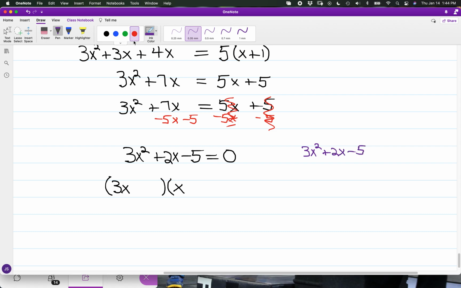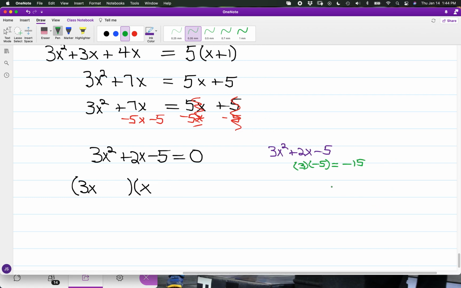If I factor by grouping, so you got 3 times negative 5 is negative 15.